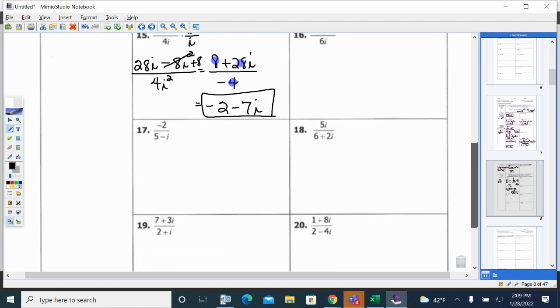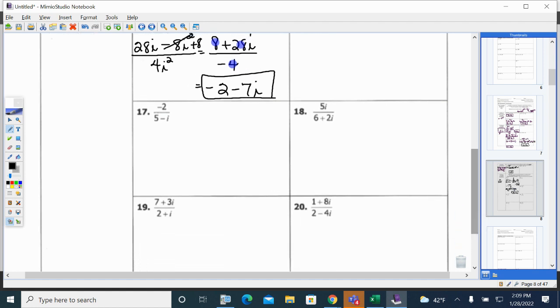Number 17, 18, 19, and 20 are all similar. So if you look at these denominators, the denominators are not monomials. The denominators here are binomials. When your denominator is a binomial, what you have to do is multiply by the conjugate in both the top and the bottom.